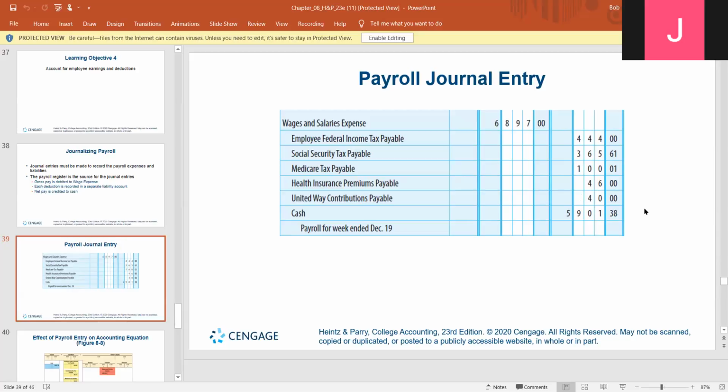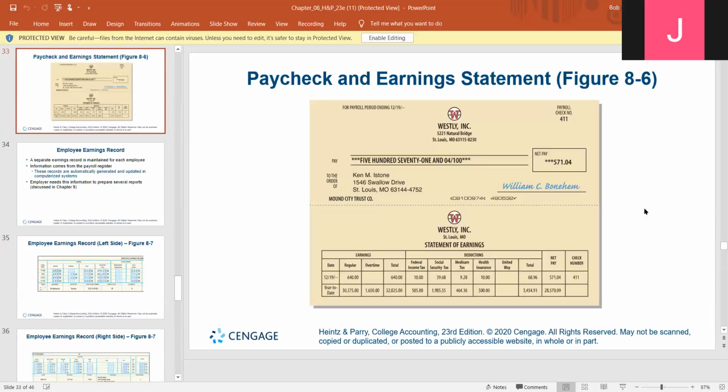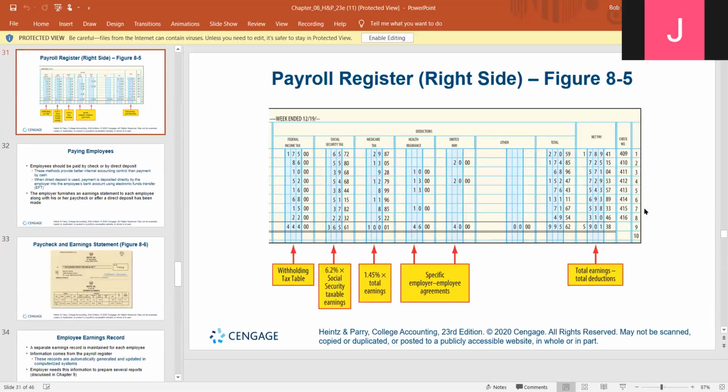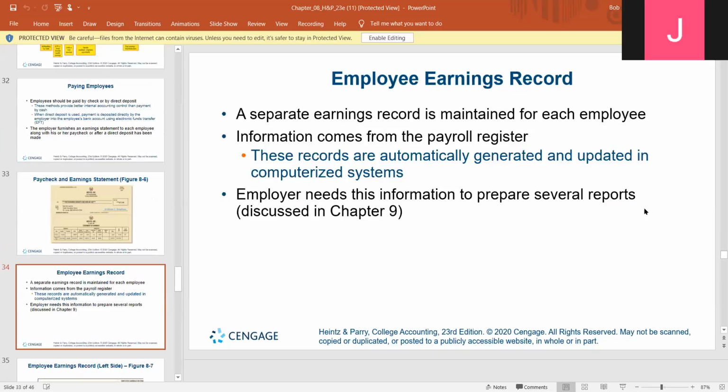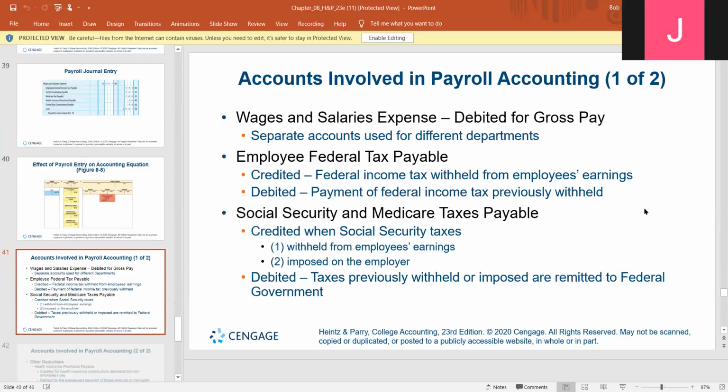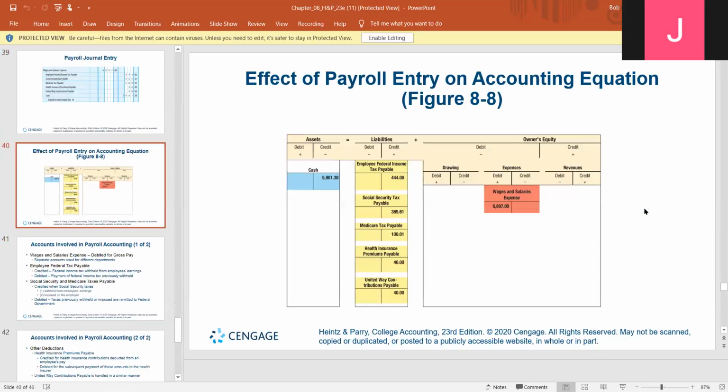And your credit to cash is right here. So all of those numbers came directly from the payroll register right here. And here they're showing you the different accounts that we just were introduced to. You have federal income tax payable, Social Security tax payable, Medicare, health insurance, United Way contribution.